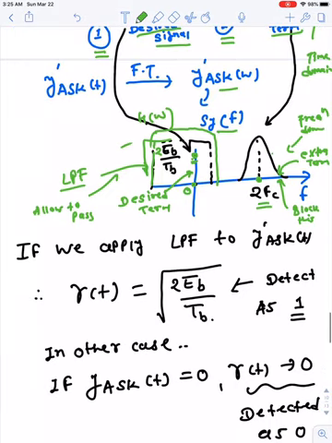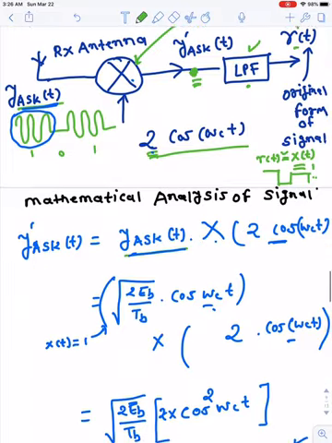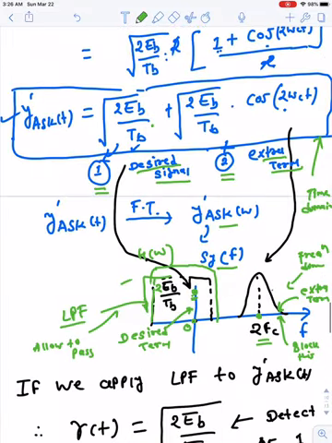But if your amplitude shift keying has a 0 bit, then we can follow the same procedure discussed here in the mathematical equation.